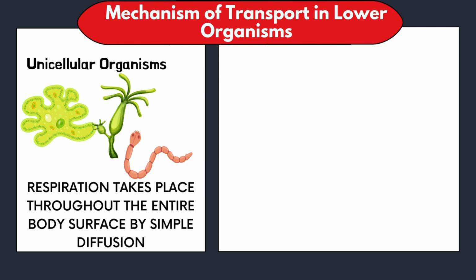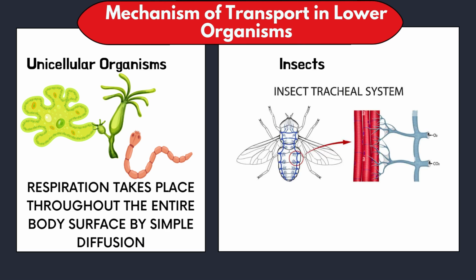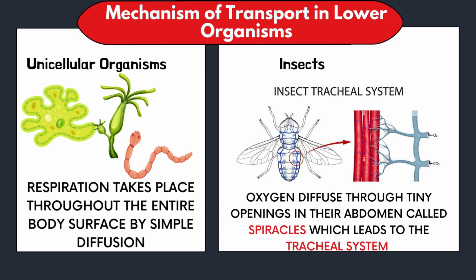Now let's look at the mechanism of gaseous exchange in insects. Insects generally use the tracheal system for gaseous exchange. The insects have tiny openings in their abdomen called spiracles, through which oxygen diffuses into the body and carbon dioxide diffuses out.